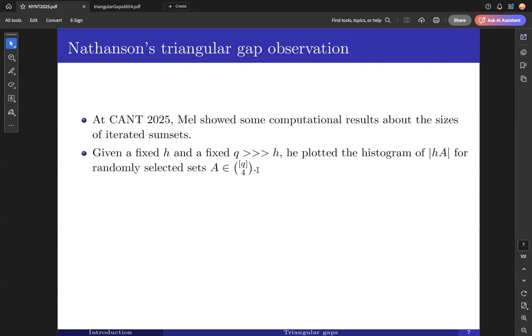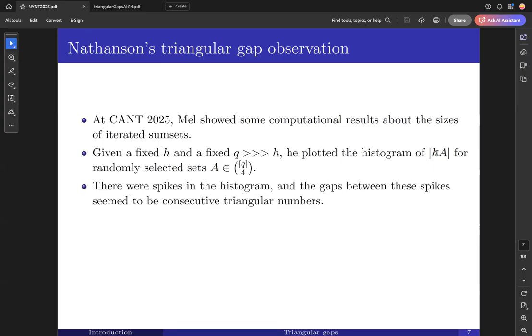And then you just plotted the histogram of which sum set sizes occurred most often. So, not surprisingly, some sizes occurred more often than others.